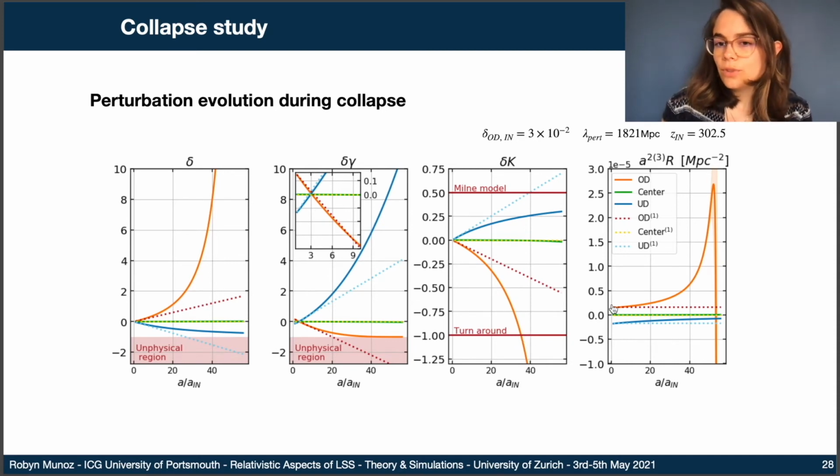And then for the conformal free Ricci, we see that it starts out initially with a closed curvature, and then it continues to be even more closed, and at the collapse it kind of rips. Then in the void, the density contrast goes to 0, the volume element significantly expands, the expansion is faster than in the background, and we could say that it tends towards the Milne model.